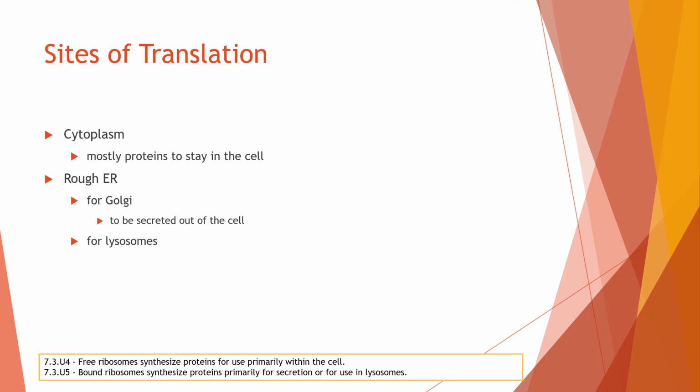So once more, the proteins to stay in the cell are translated in the cytoplasm, while proteins to go out of the cell will be produced on rough endoplasmic reticulum. But this is the same process of translation, and the ribosome is the same. The only difference is that to produce the protein for export, the ribosome will sit on rough endoplasmic reticulum.